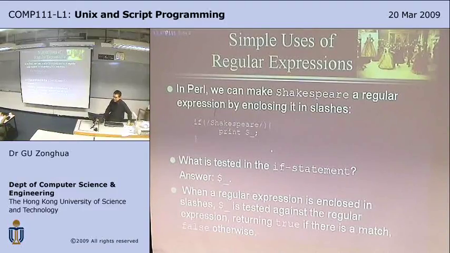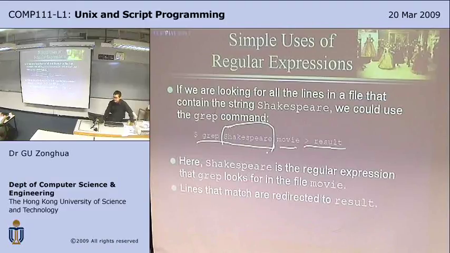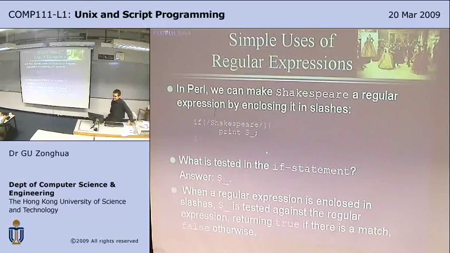So the grep command here is a shell command. But if you want to use regular expressions in Perl, you enclose the expression with slashes. Here, this is strange, right? If regular expression. So you're testing the regular expression against the string. So where's the string?